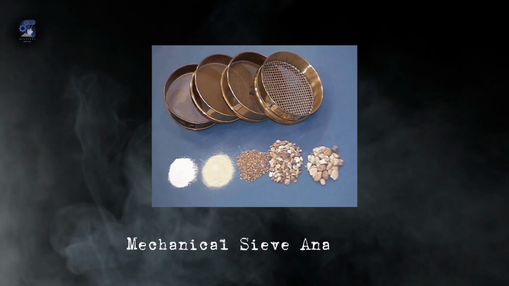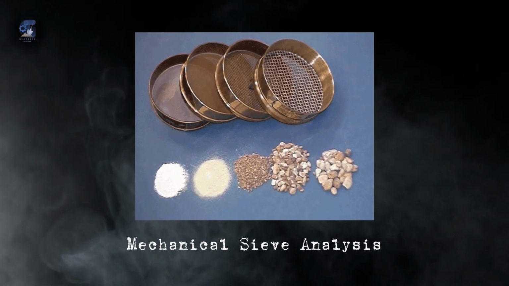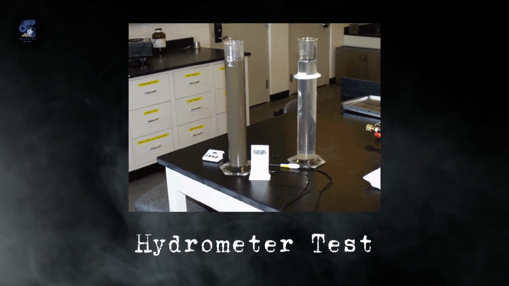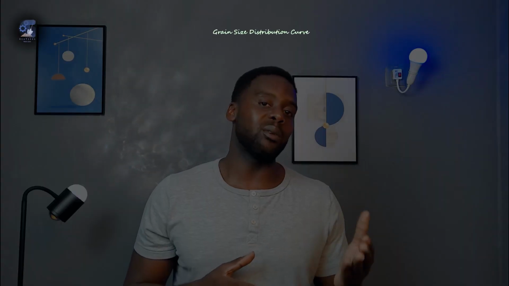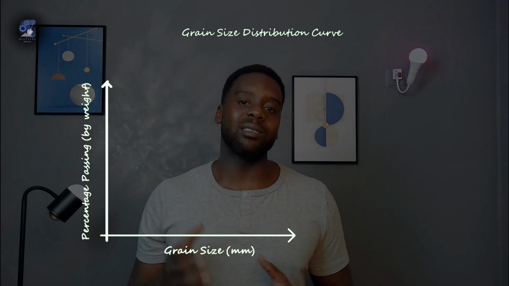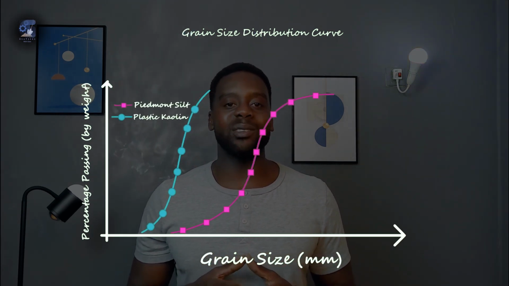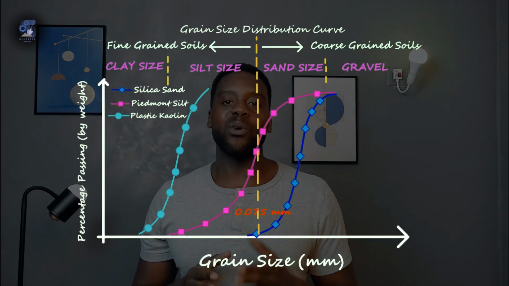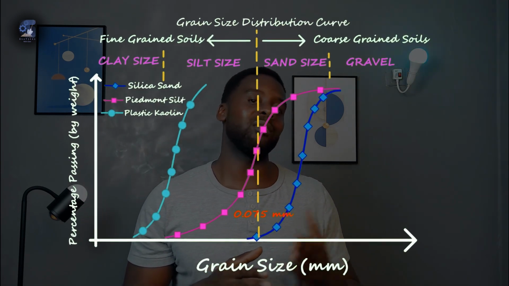In the laboratory, the gradation is measured using two tests: a mechanical sieve analysis for the sand and coarser fractions, and a hydrometer test for silt and finer clay materials. The grain size distribution is presented as the percentage of soil finer than a given size versus the grain size, with coarser particles defined as larger than 0.75 millimeters and finer particles smaller than 0.075 millimeters.